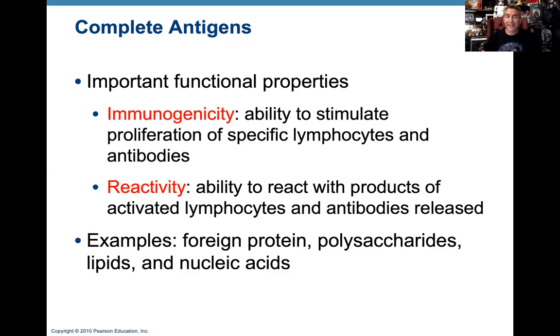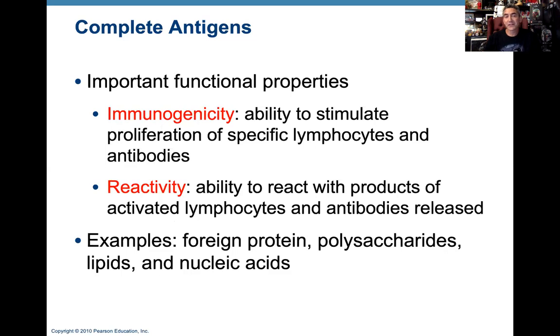So complete antigens. A complete antigen, as the name implies, is the entire antigen. The entire antigen will have important functional properties, and students struggle with these two concepts. In red here, we talk about immunogenicity and reactivity.